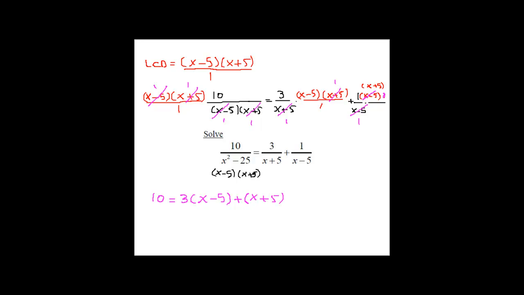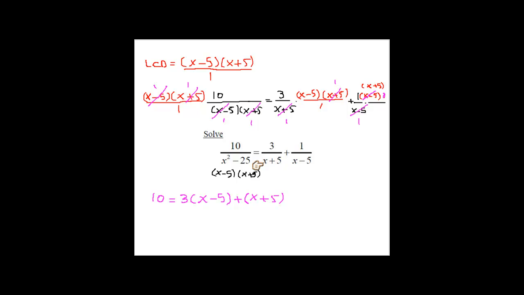So on the left-hand side, we get only 10. On the right-hand side, we get 3 times x minus 5 plus x plus 5, because x minus 5 reduced here. So as you see, this equation is equivalent to this equation here. So it would be a lot easier to solve this now than what we had earlier.